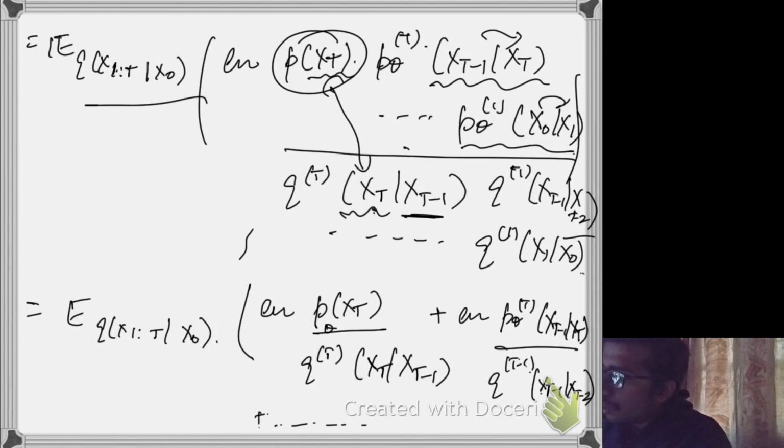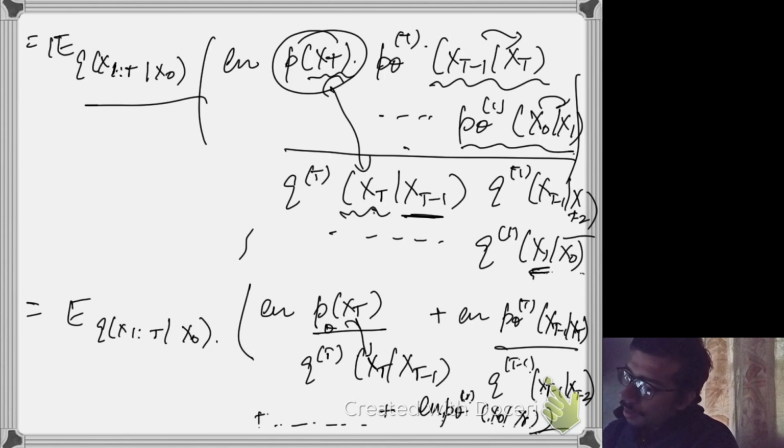Since we don't have x_0 unconditioned in the denominator, we'll just get the numerator part of this. I'll request you to break this term up yourself and verify, but try to see that we combine x_T with the x_T term, x_{T-1} with the x_{T-1} term, and so on.